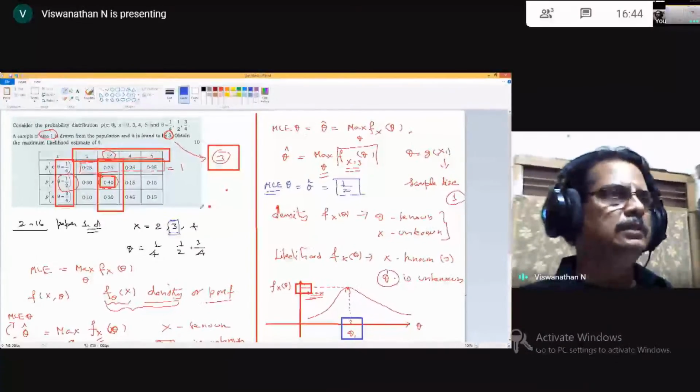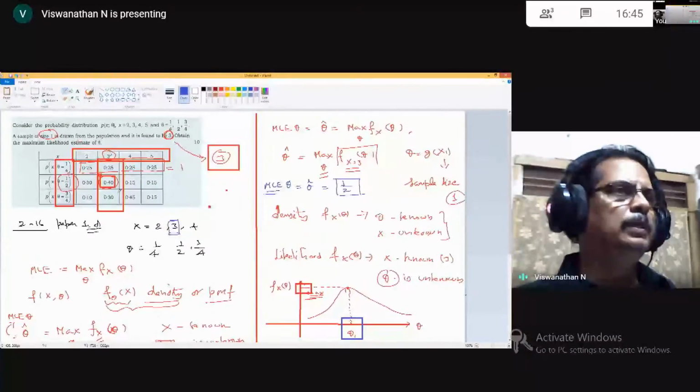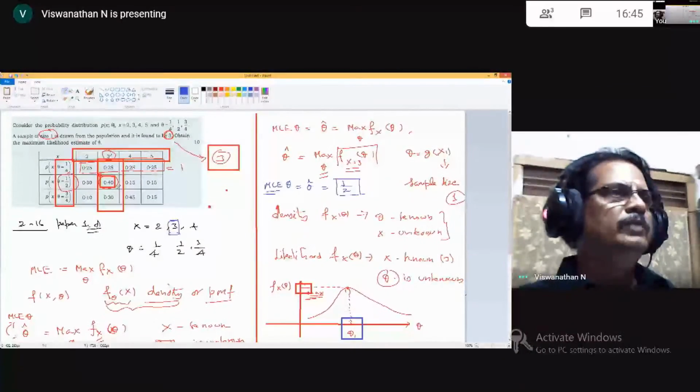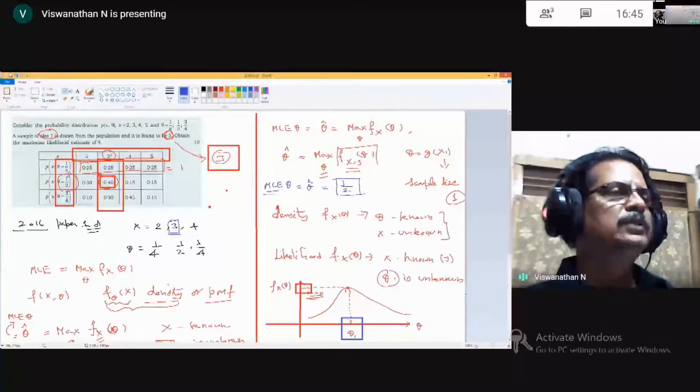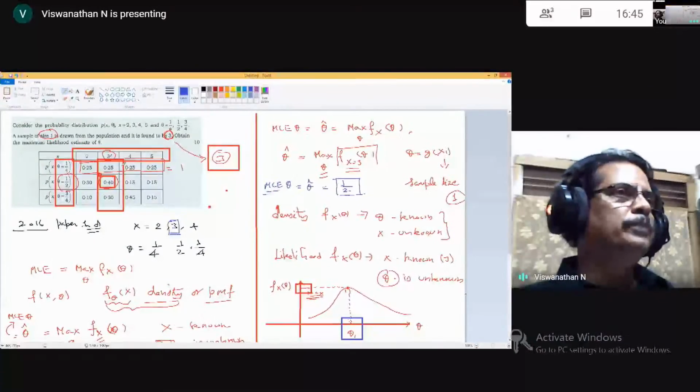So if it is 3, select the column for 3 and search for the maximum value, and don't get stuck at that particular value, because there is a careful point here. The theta values range between 0 and 1: 1 by 4, 0.25, 0.5, 0.75. The probability values also range from 0 to 1.